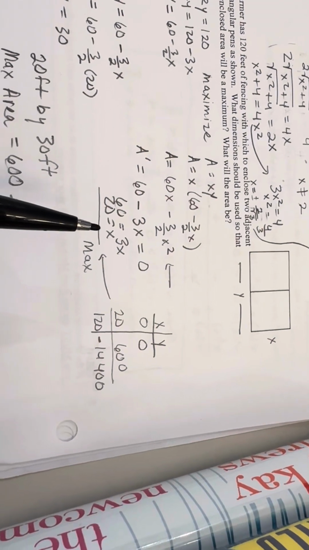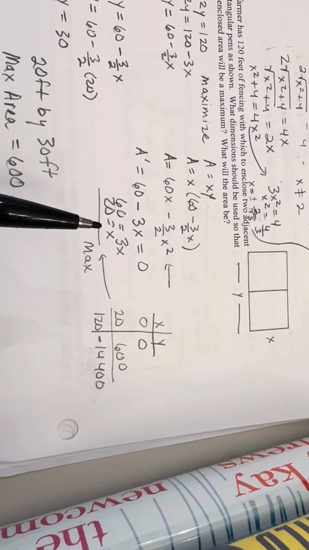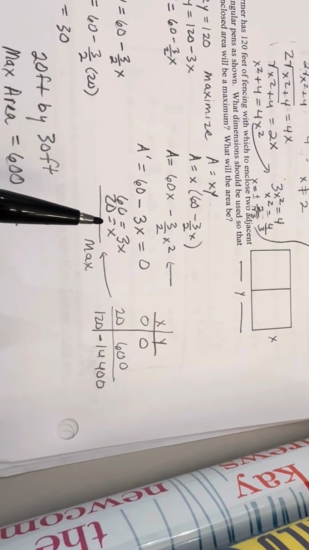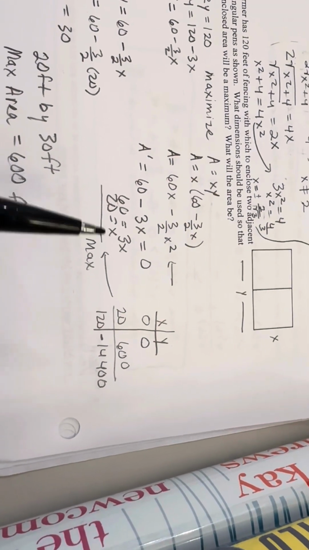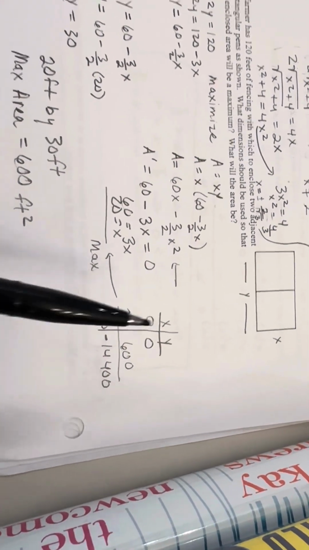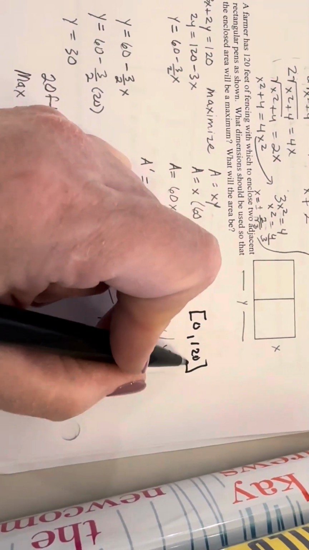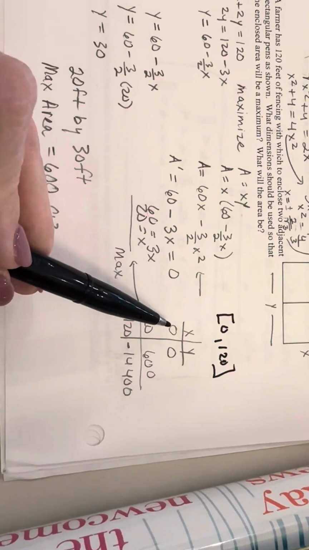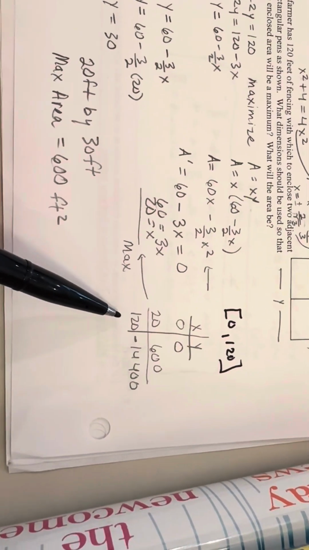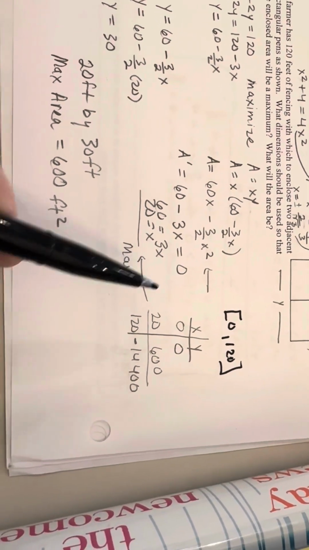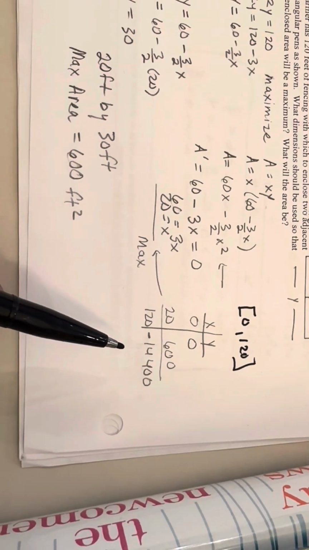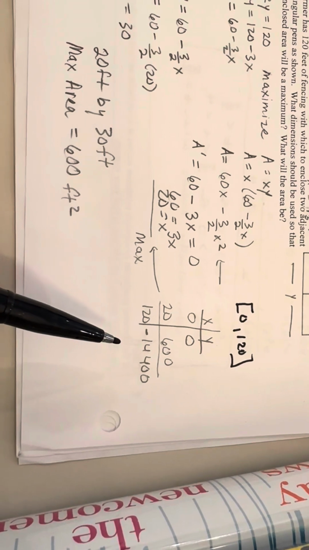Okay, so if we're using 0 to 120 as our closed interval, because that's actually what this is, then we're evaluating at 0 and 120, and you should be showing this work, because this is showing how you're evaluating the closed interval.